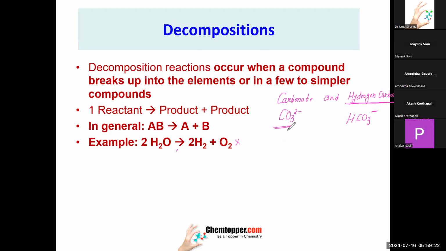These carbonates of alkali metals, they do not undergo decomposition. Rest all, on heating, I'm talking about carbonates, on heating, except what? The ones which are very stable. Except alkali metals, because alkali metals are very reactive, so they make stable compounds.